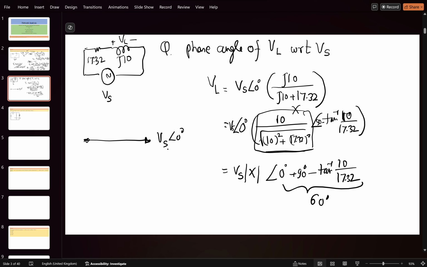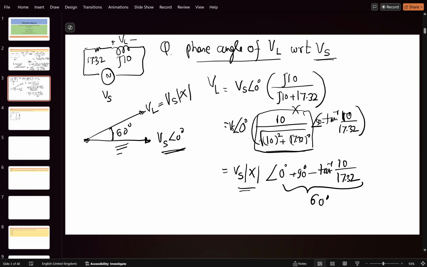Vs was already at the reference 0 degree, so VL equals Vs times mod of x at 60 degree. The question asks for the phase angle of VL with respect to Vs; if Vs is at 0 degree, VL is leading Vs by 60 degree. I hope you have got the point.